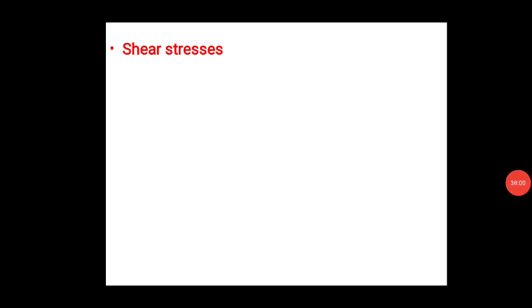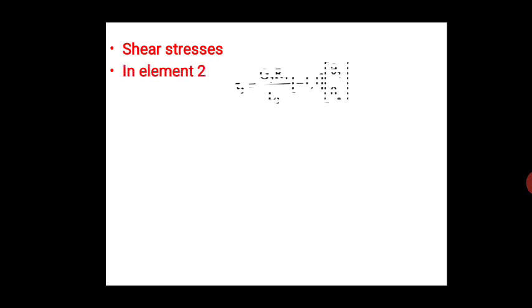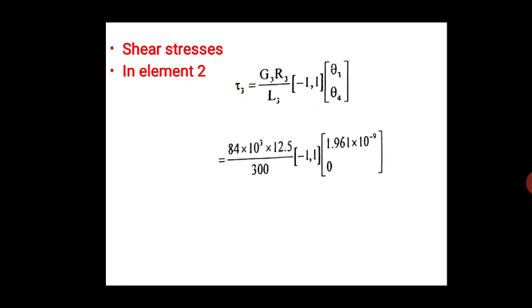Similarly, the shear stress in element 3 can be represented as tau 3 is equal to G3 R3 divided by L3 into minus 1, 1 into theta 3 and theta 4.